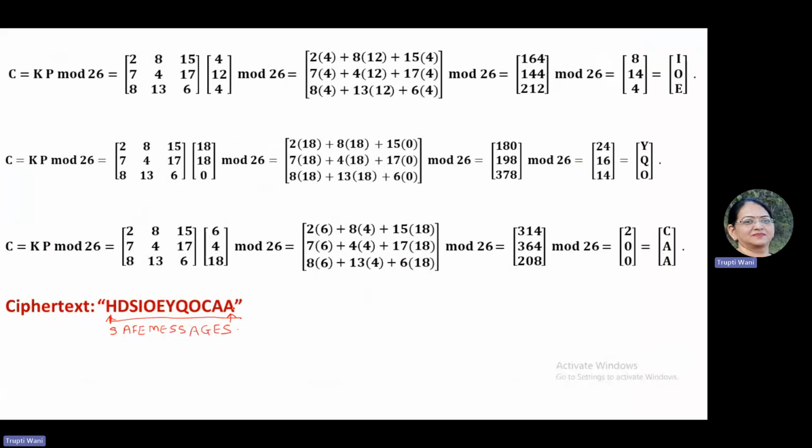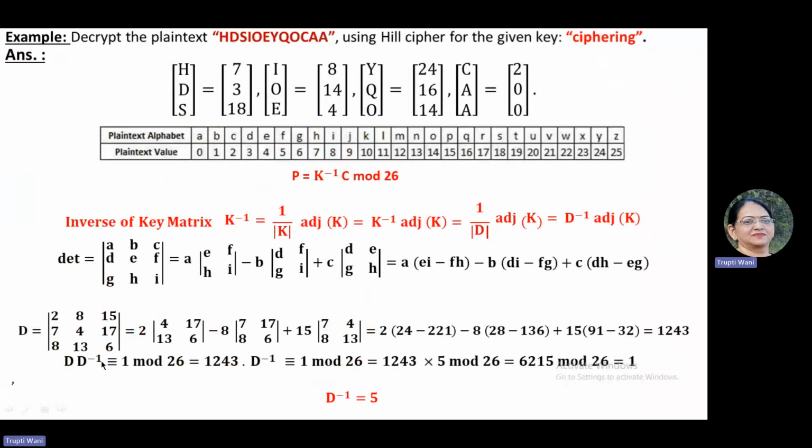So it is known as polyalphabetic. And as it converts more than one alphabet at a time, here it converts 3 alphabets at a time. In the previous example, we saw it converts 2 alphabets at a time. So it is known as a block cipher.